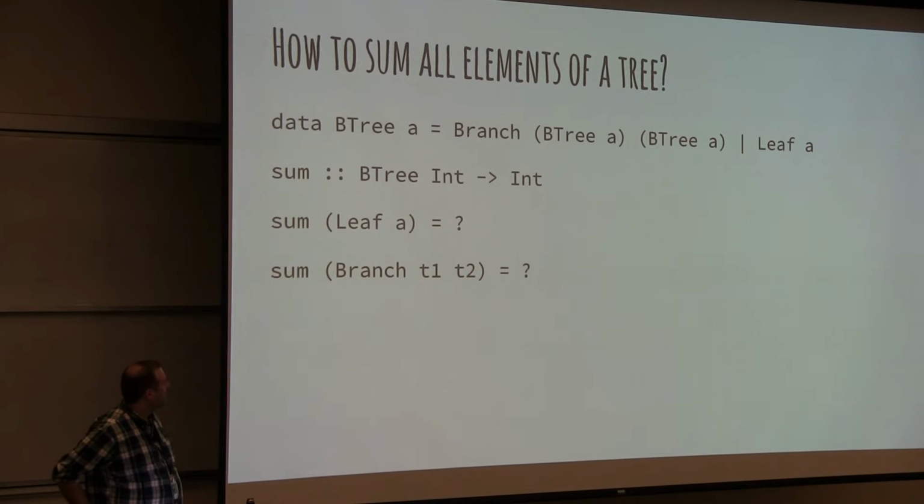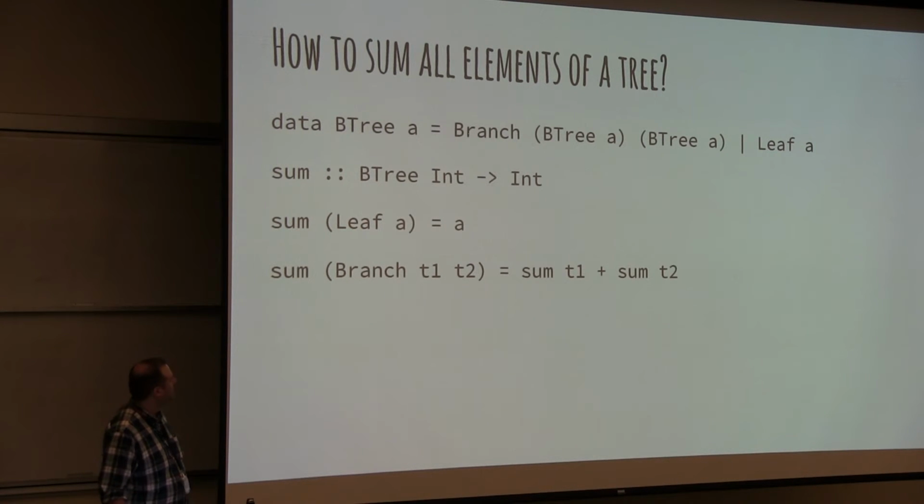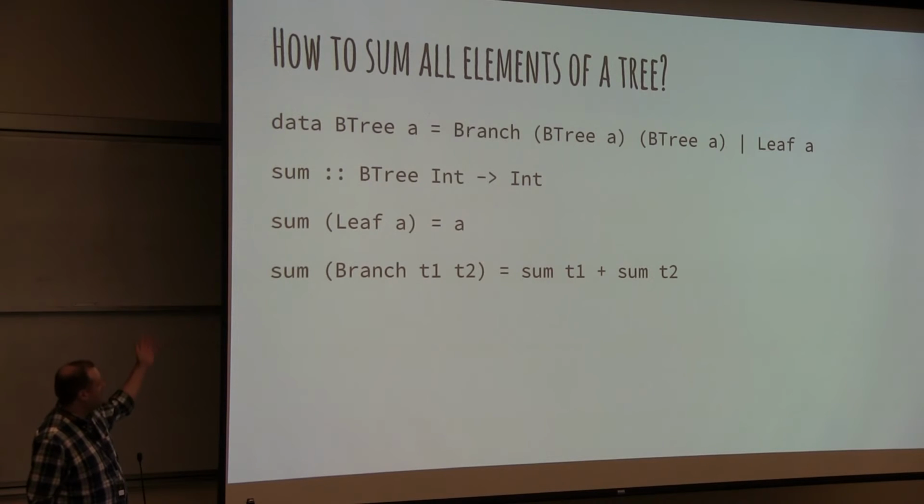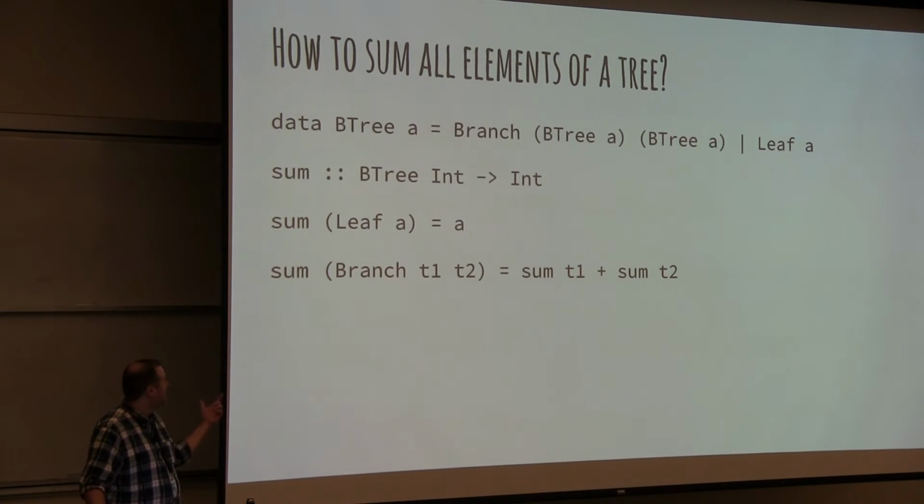And in the second case? Yeah. Basically, in the leaf we already have the value, so we just return the value. And in the case of the branch, we just sum the results of the recursive calls.